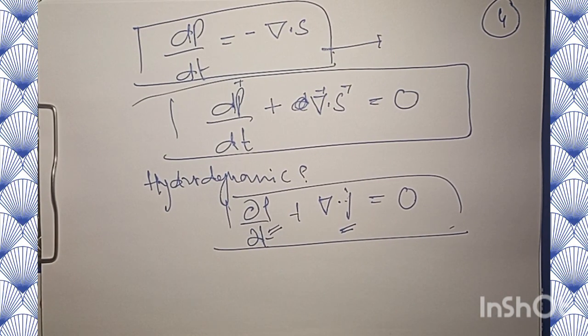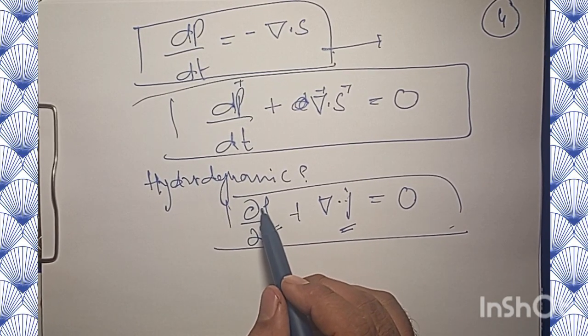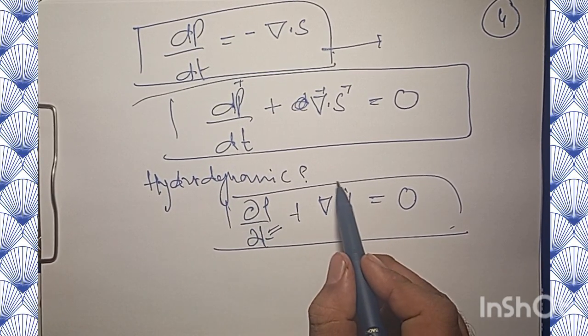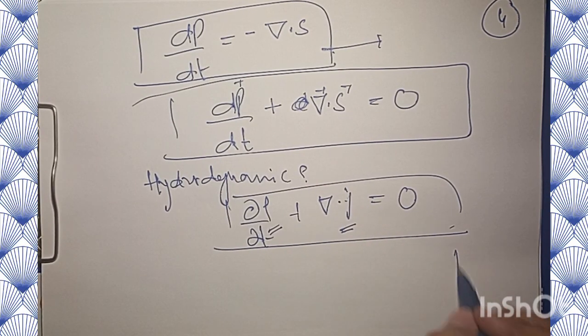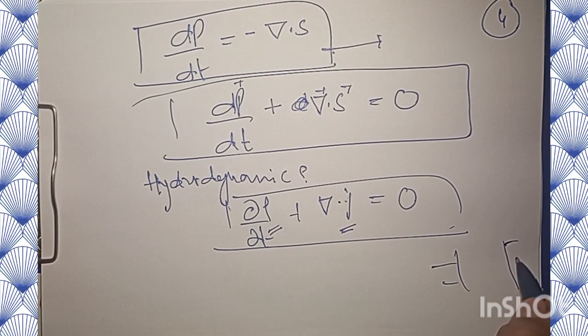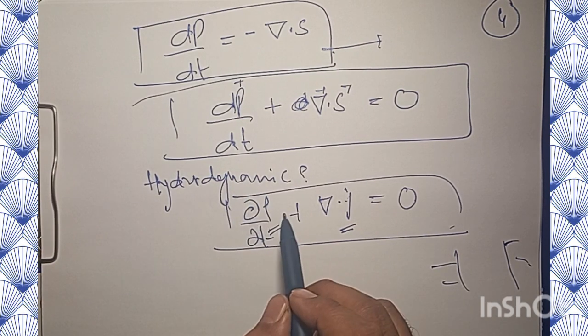The simple interpretation of this equation is that the changes in the fluid density can be regarded as some unbalanced flow of current across the boundaries. When you have the unbalanced flow of the current, that gives the changes in the density of the fluid.